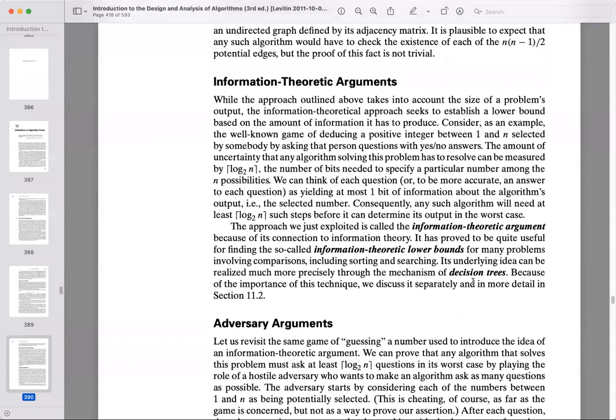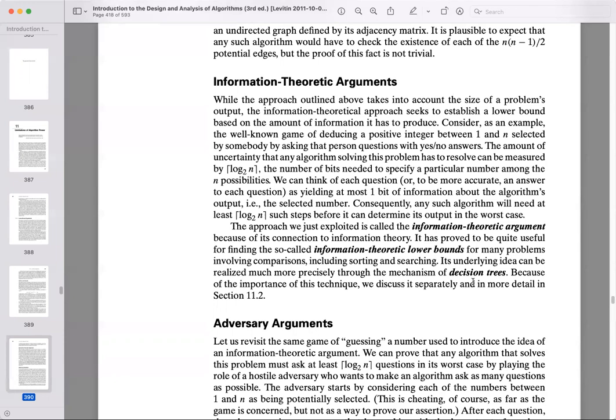There's also this information theoretic argument, okay? So in this case, we're looking at the amount of information it has to produce, okay? So if you're looking at, as it says here, the well-known game of deducing a positive integer between 1 and n, someone is going to answer yes/no questions. The uncertainty that any algorithm solving the problem has to resolve can be measured by the log 2 of n. Okay, so that's the number of bits needed to specify a particular number among the n possibilities.